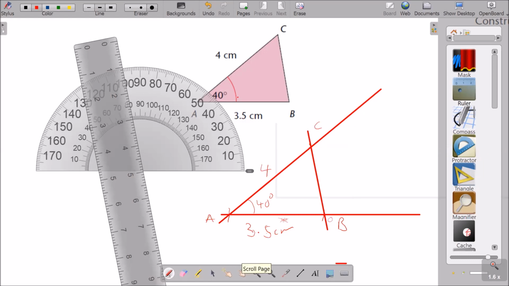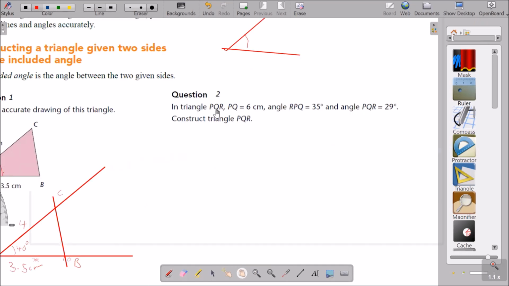See the next question. In triangle PQR, PQ is 6 centimeters. So we can sketch this just to see. PQ is 6 centimeters. Angle RPQ, so R is somewhere there, which is this angle.